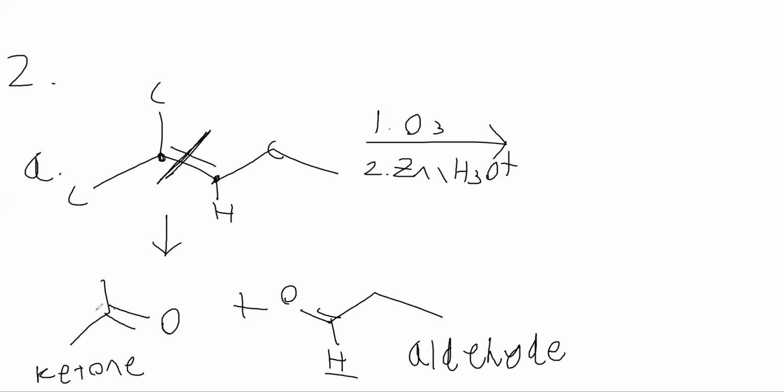But if there's two substituents, it's going to form a ketone. And this is with the ozone cleavage of a double bond. It might lead to different products depending on the conditions we use, which we'll see in a bit. So moving on to B.